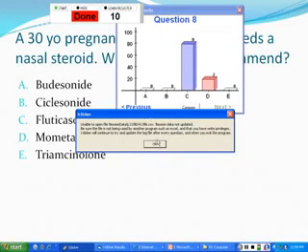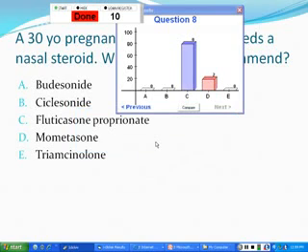So anyway, I see that the majority of you folks have gone with fluticasone propionate. By the way, not to be confused with fluticasone furoate, which goes by Veramyst. The fluticasone propionate is the tried and true Flonase. So the answer actually is A. Budesonide is class B in terms of pregnancy safety.